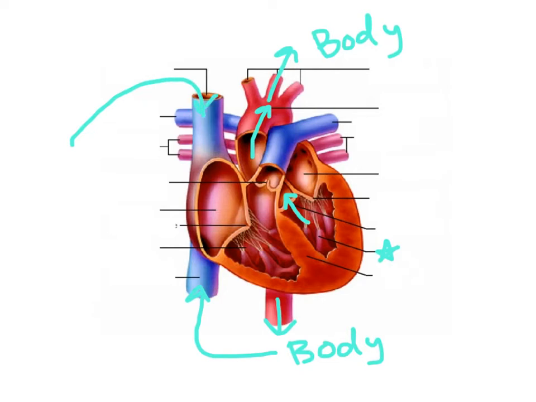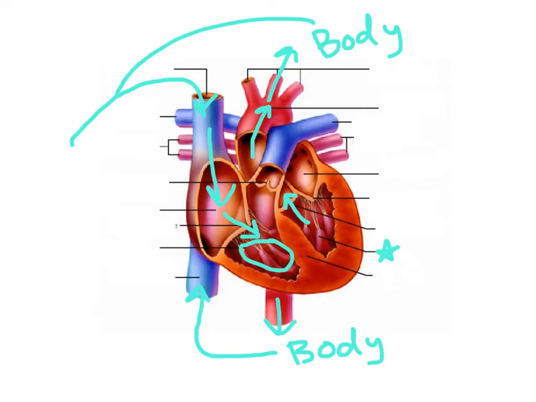So from the body, right? And once it goes into the vena cavas, it's going to get emptied out into the right atrium. And then after the right atrium, it goes through the tricuspid or right AV valve, atrioventricular valve. And then it gets placed into the right ventricle here.